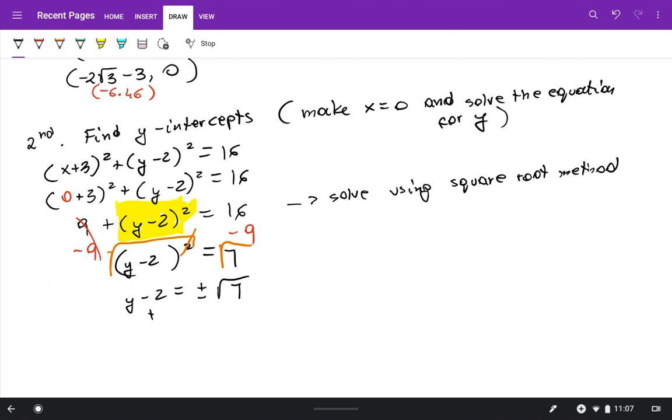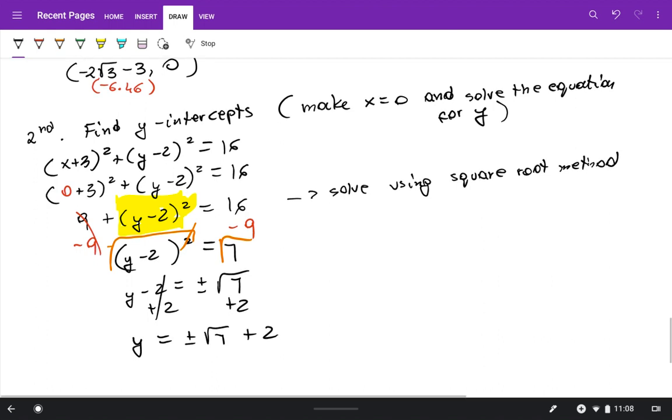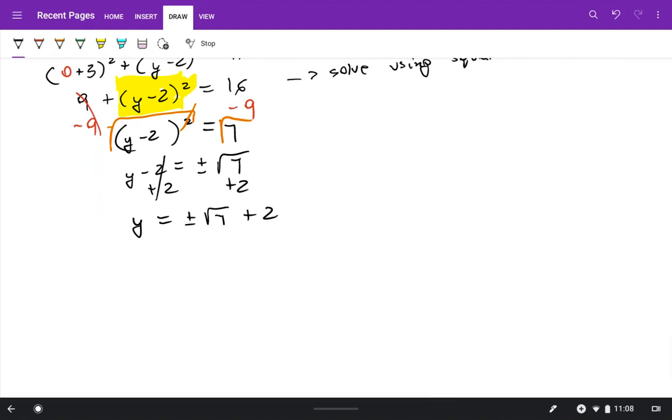And now we just add 2 to both sides because you need to solve for y. We're getting y = ±√7 + 2. What that means is that we also have two y-intercepts. The first y will be positive √7 + 2, which is about, since it's irrational, 4.65.